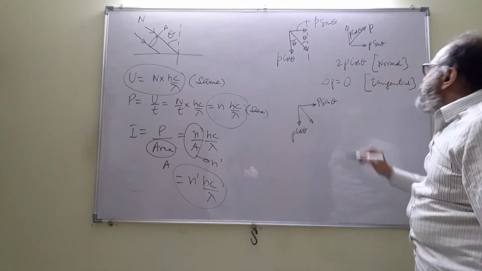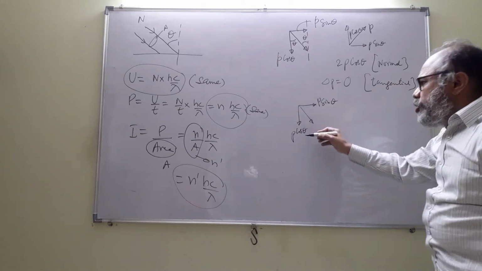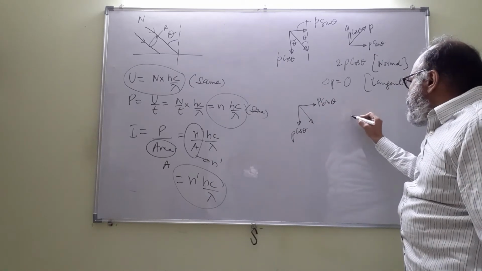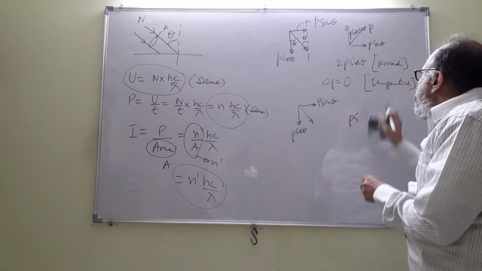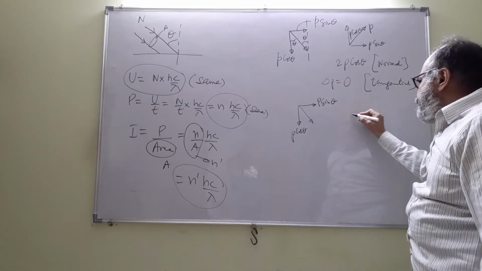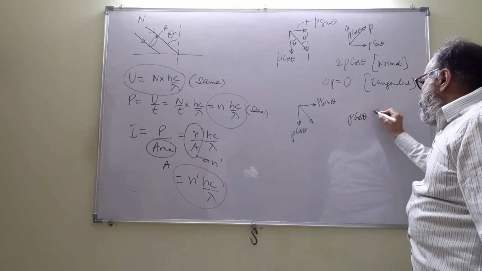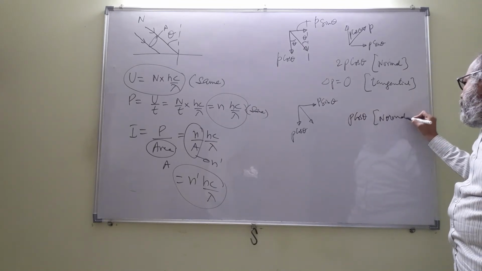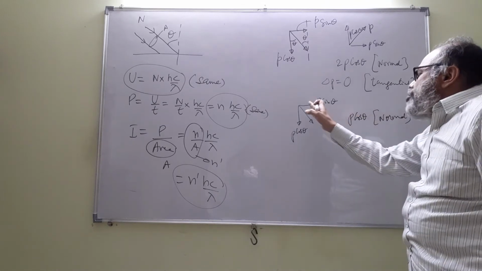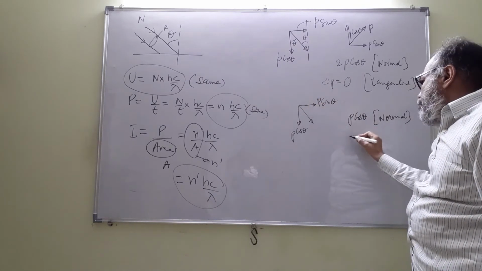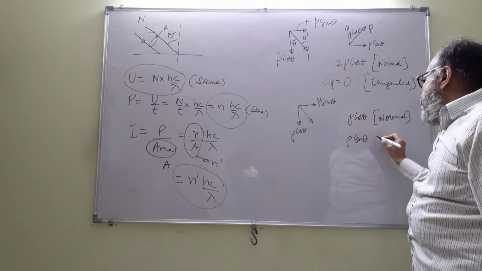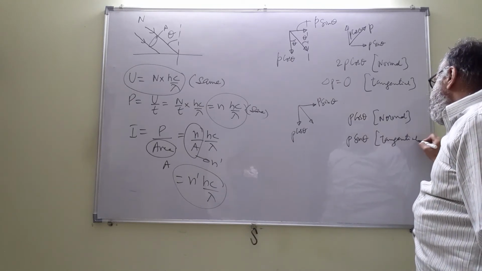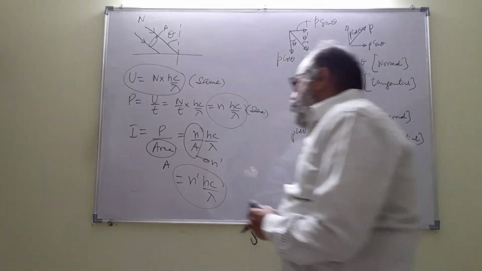So p cos theta will be absorbed, so the momentum becomes 0. So the change in momentum will be p cos theta in the normal direction. And in the tangential direction, p sin theta will become 0. So p sin theta is the change in momentum in the tangential direction.